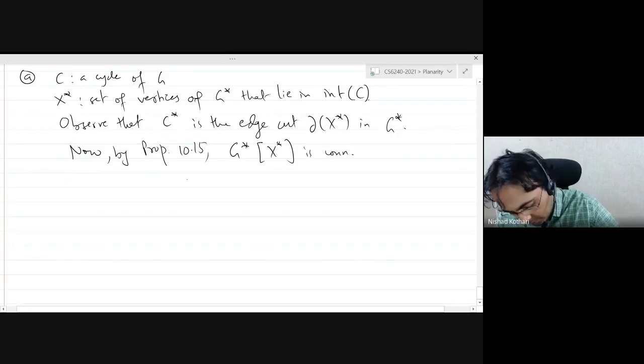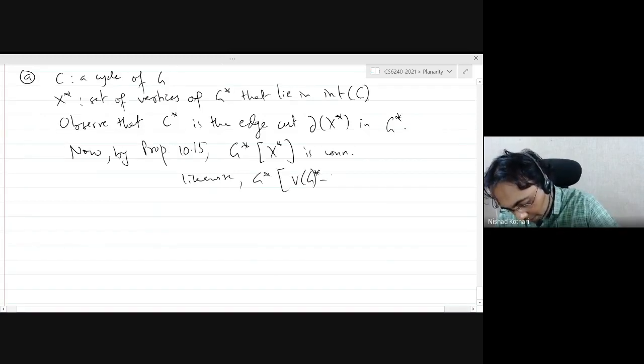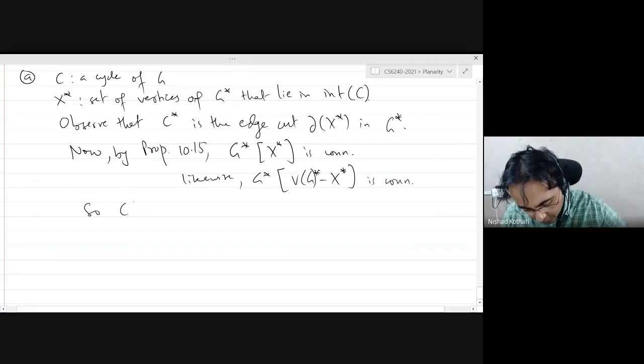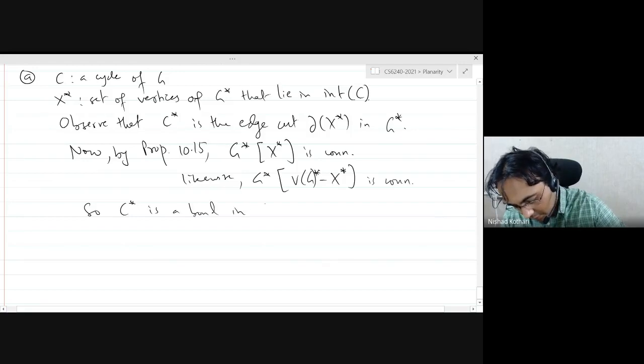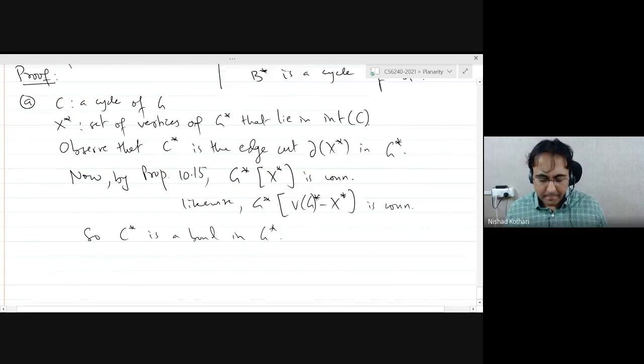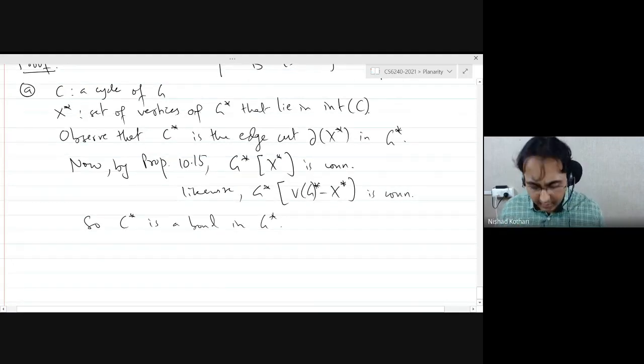And likewise, the graph induced by the vertices of the dual minus X star, so the complement, is also connected. And so C star is a bond in the dual. We have a cut, both sides are connected, that's a bond.